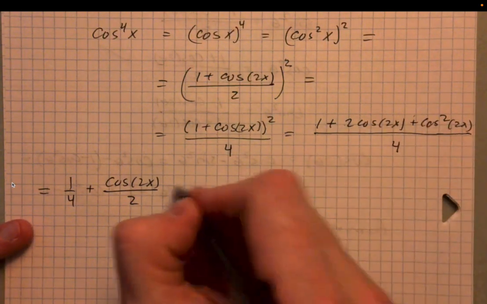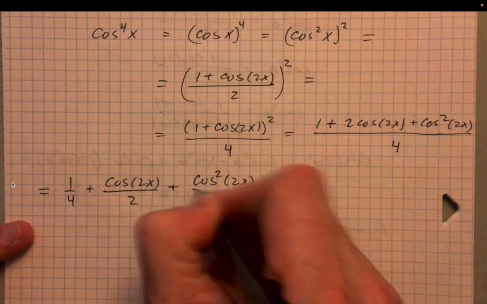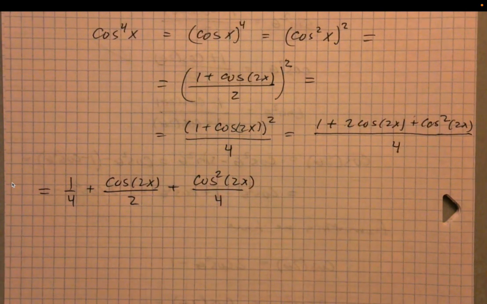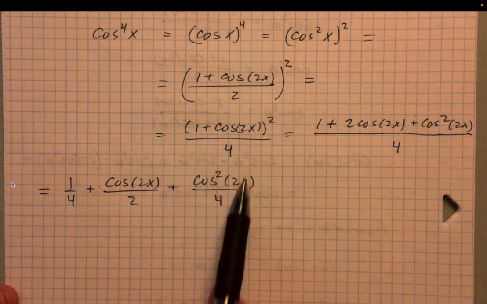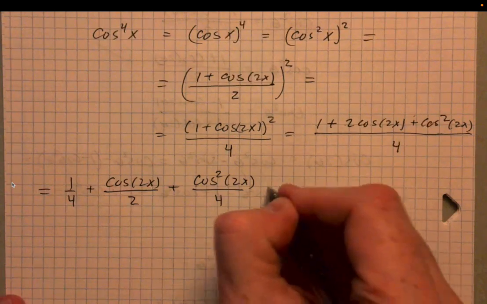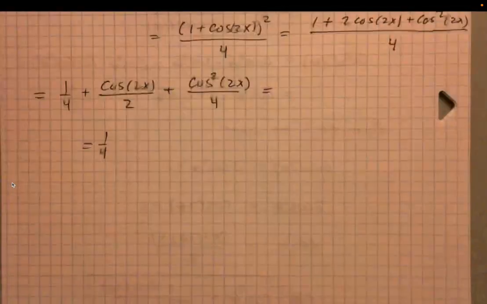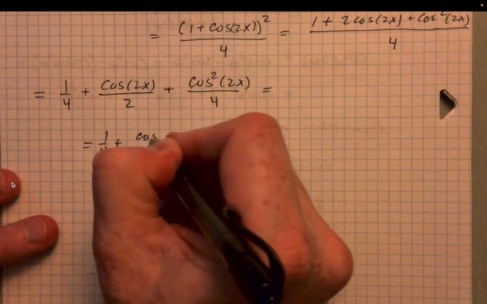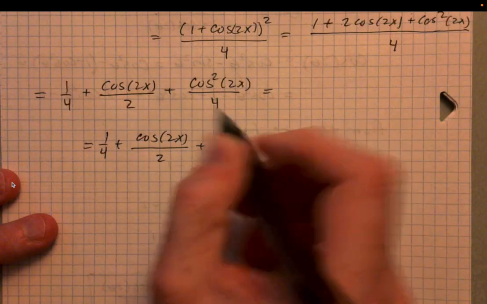And then you've got this guy over here plus cos squared 2x over 4. Okay, now this numerator section here, I can do the same trick. I can use this power reducing formula on this part here. Okay, and so we could write this as 1/4 plus cos 2x over 2 plus 1/4 times, now what is this?